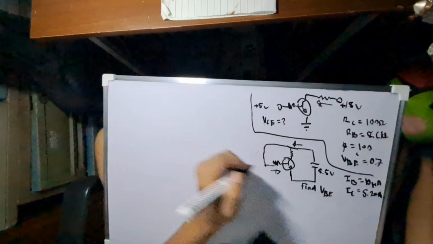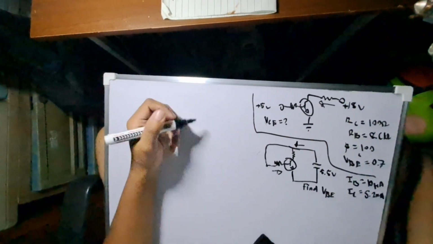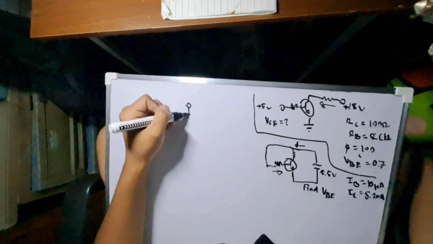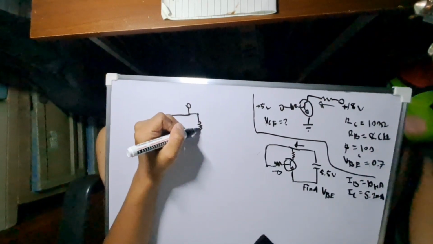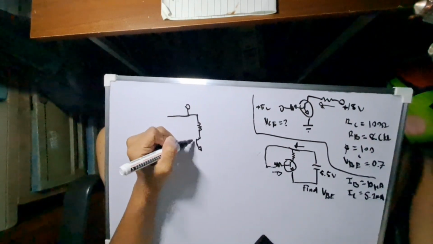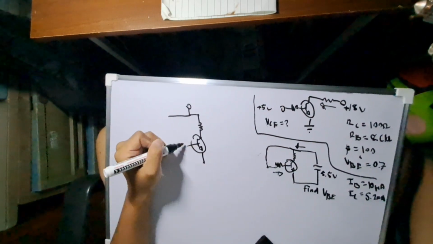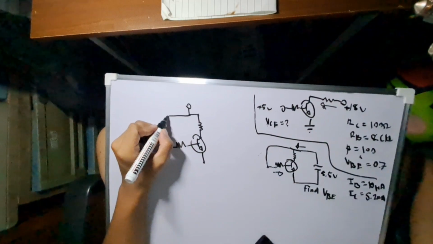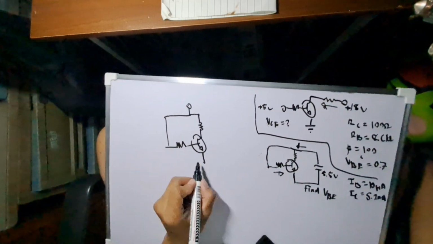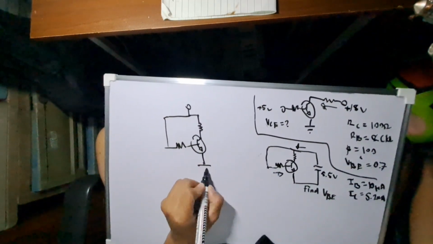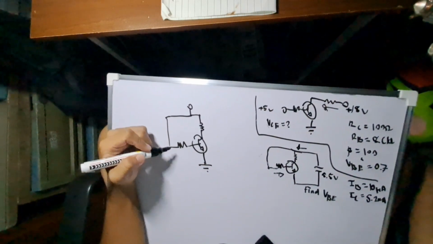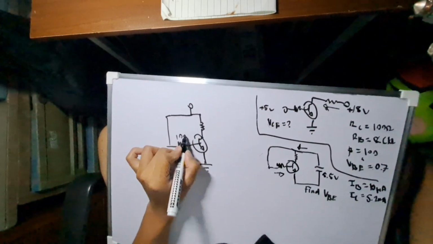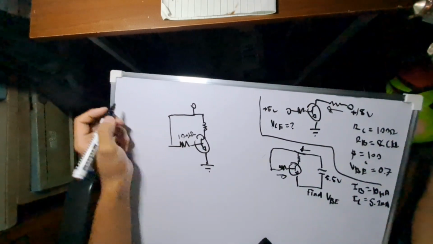If you recall earlier, we can rewrite this equation as source, resistor, and our transistor. Resistor naman, ayan, ganyan lang siya from earlier, ground. So let's say this resistor is equals to 100 kilo ohm.